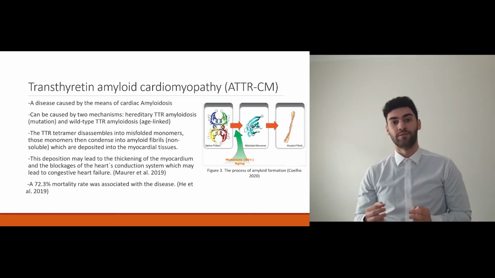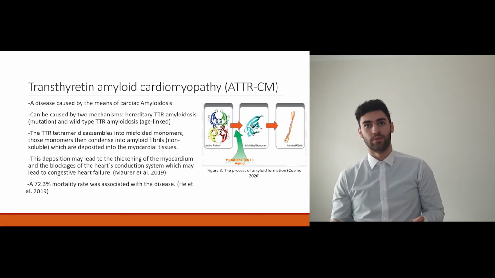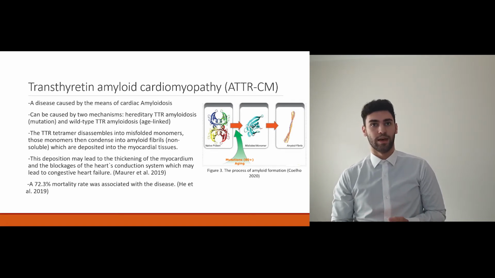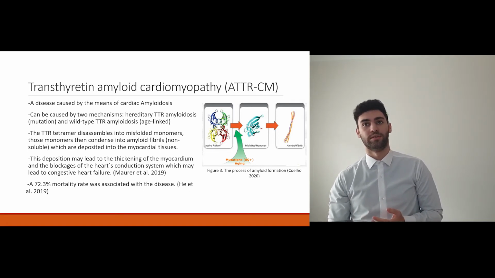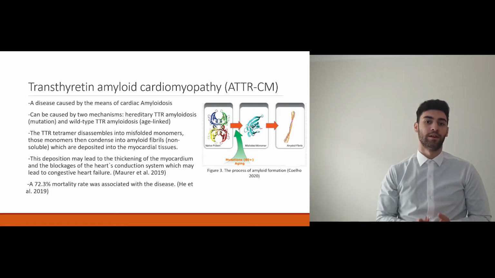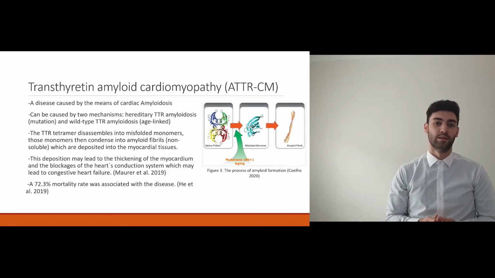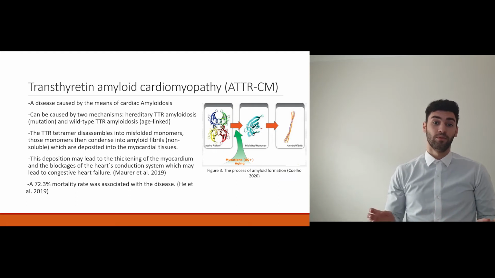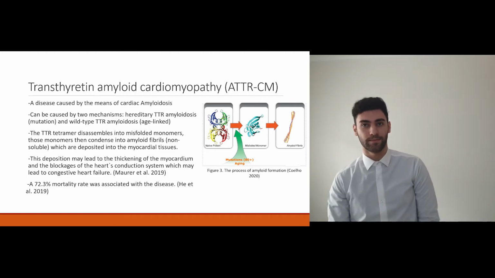The deposition of these fibers in the cardiac tissue will lead to its thickening and the blockage of the heart's conduction system. And all these factors may lead to heart failure and other symptoms. Now, a huge 72.3% mortality rate was associated with this disease.